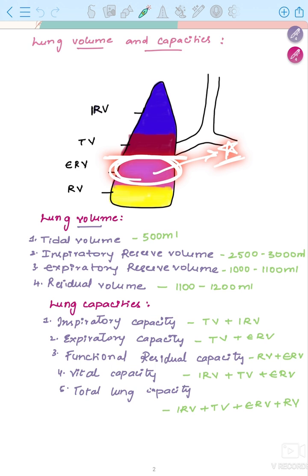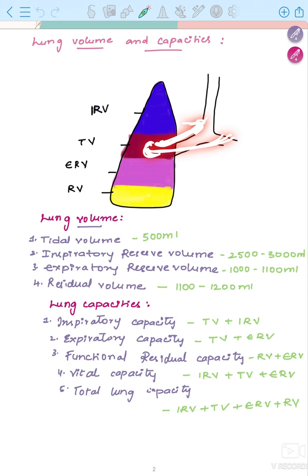This volume of air will be present because normal breathing is occurring: expiration, inspiration, expiration, inspiration. When you do forceful expiration, only then will this expiratory reserve volume go out, right?